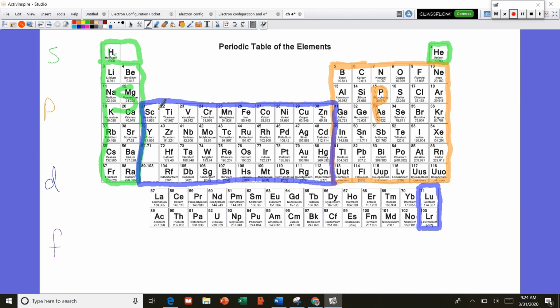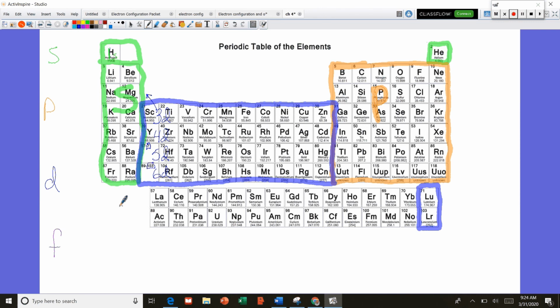D actually fills in the layer, the quantum level below. So this is actually 3D. This is 4D. This is 5D. And this is 6D. And remember that number 71 is part of D, and number 103 is part of D.